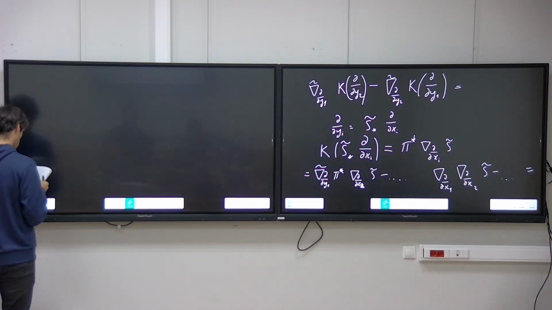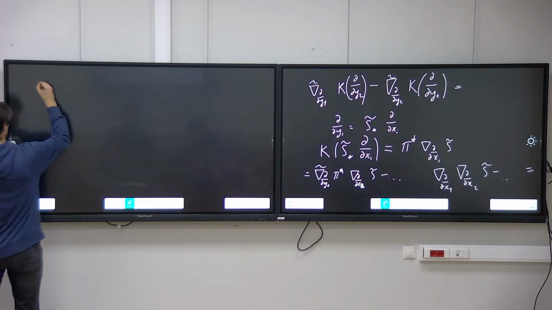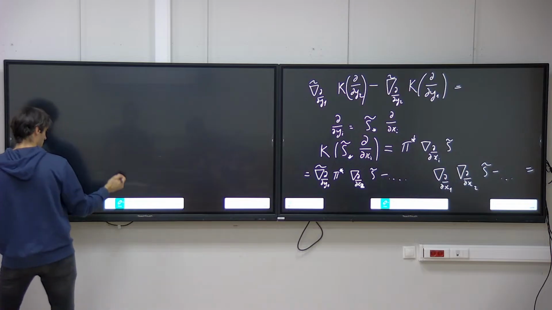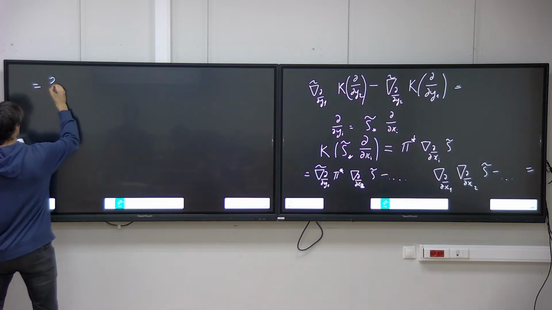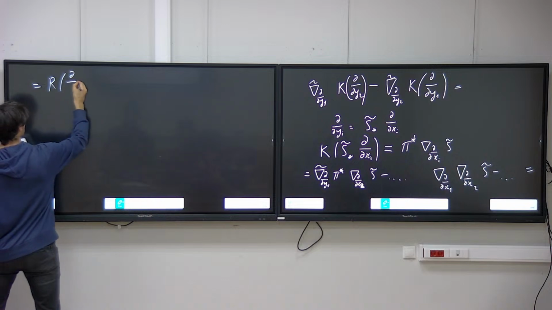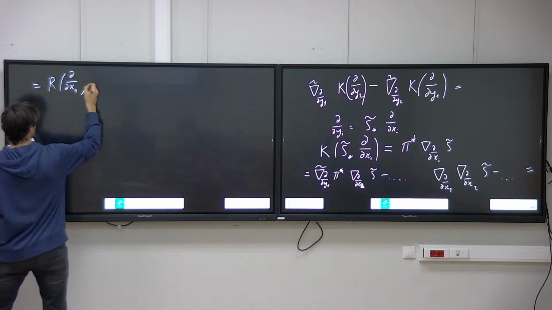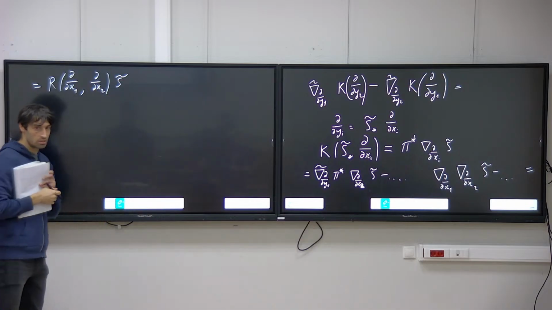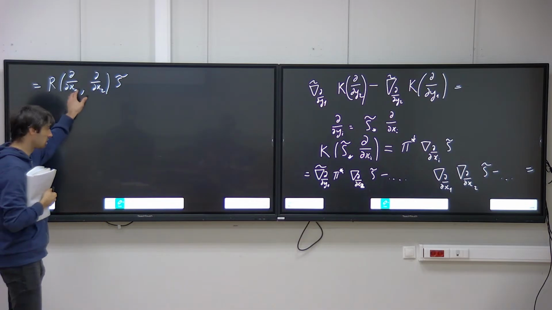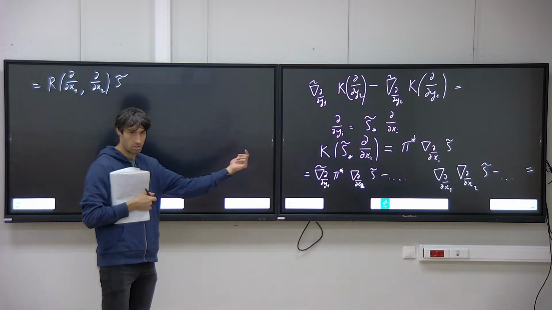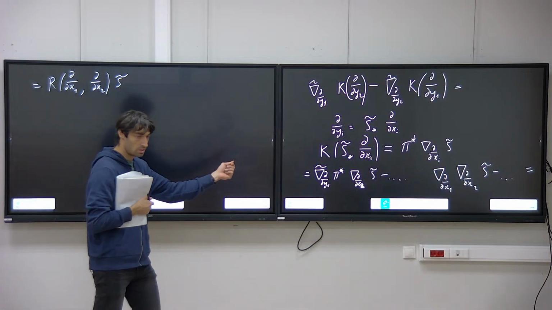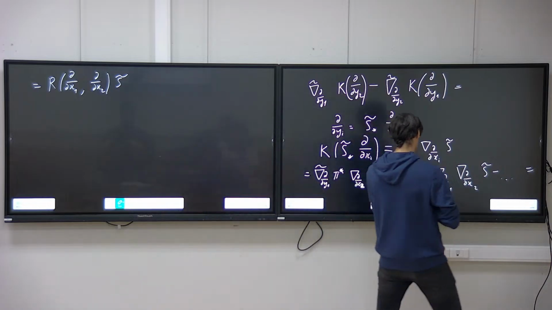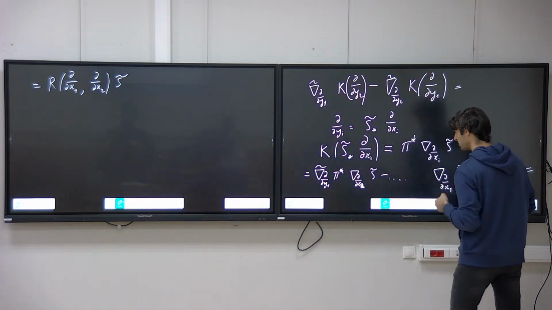So finally, I claim that this is just the same as R of d over dx1, d over dx2 applied to s tilde, because the commutator term is gone: the commutator of dx1 and dx2 is 0. Then I apply this to s tilde.